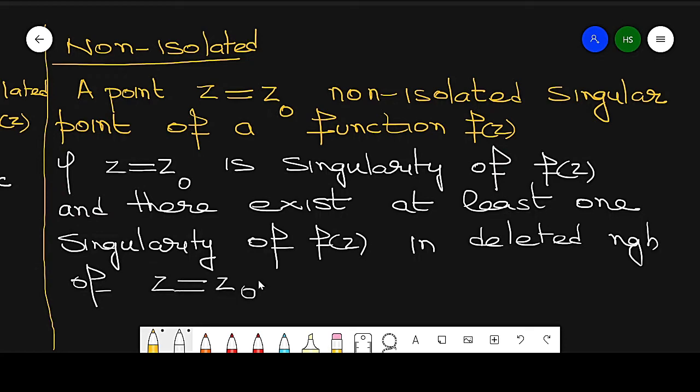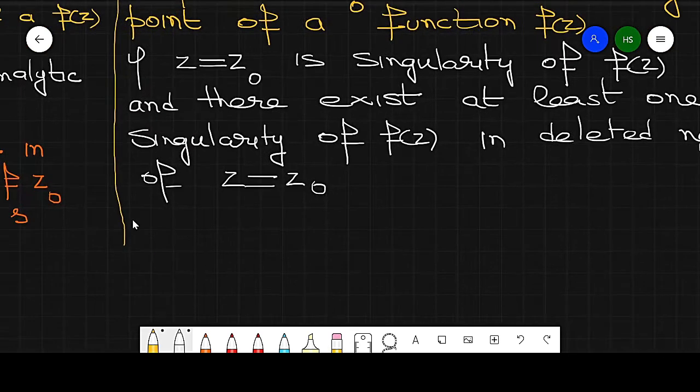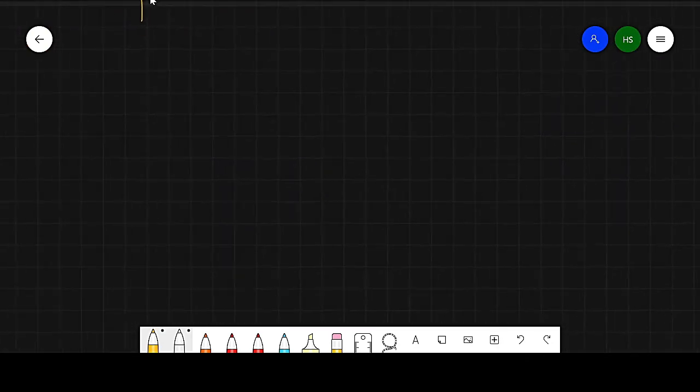So I repeat once again. First, z equal to z naught is a singular point of function f(z).